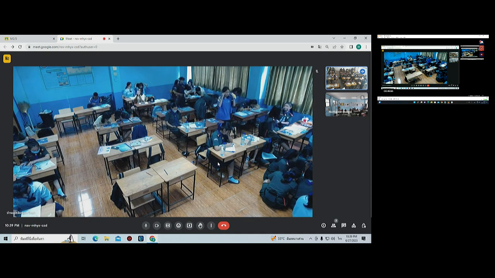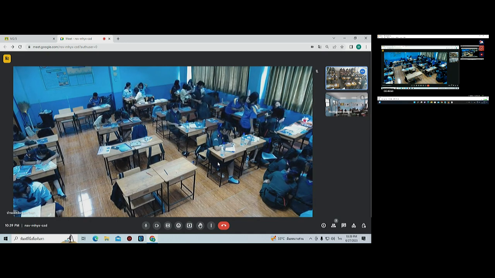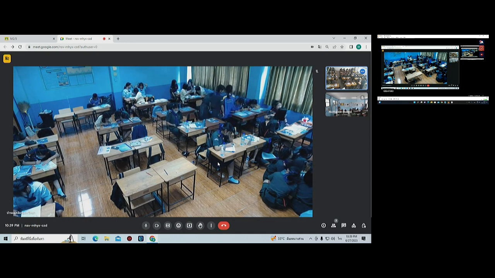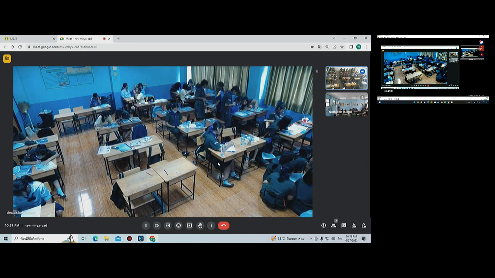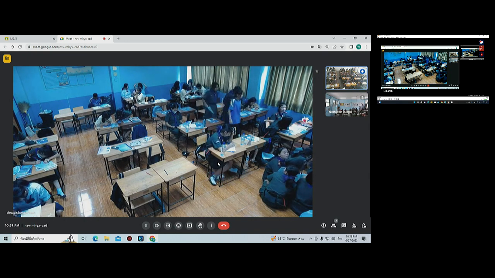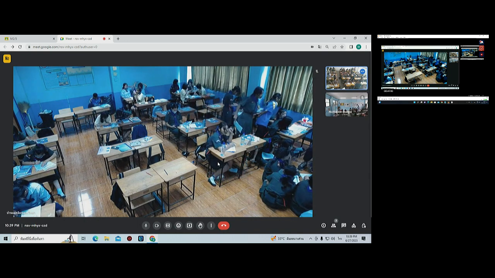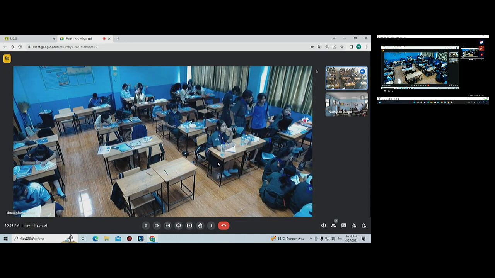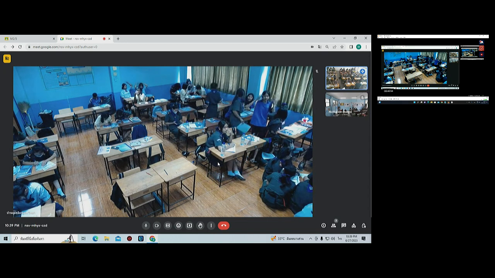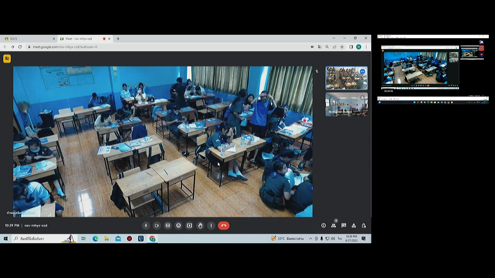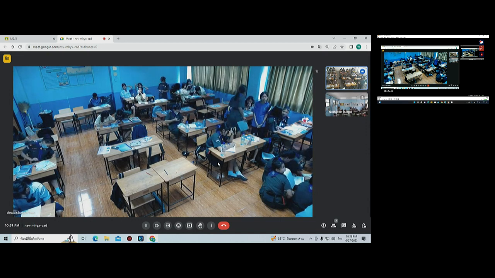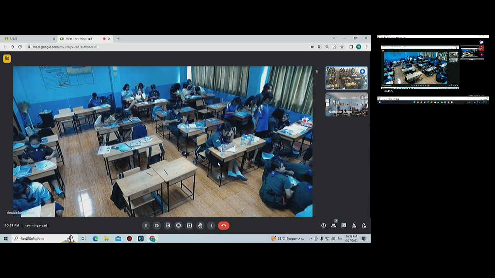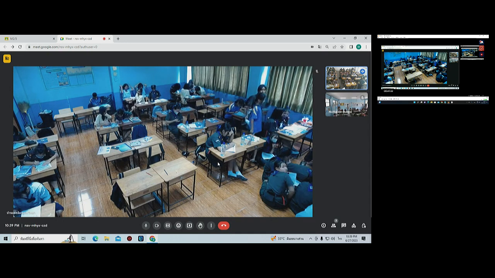Oxygenated blood from the lungs enters what vein? Number 9. What is the answer for number 9? Pulmonary vein. Oxygenated blood.